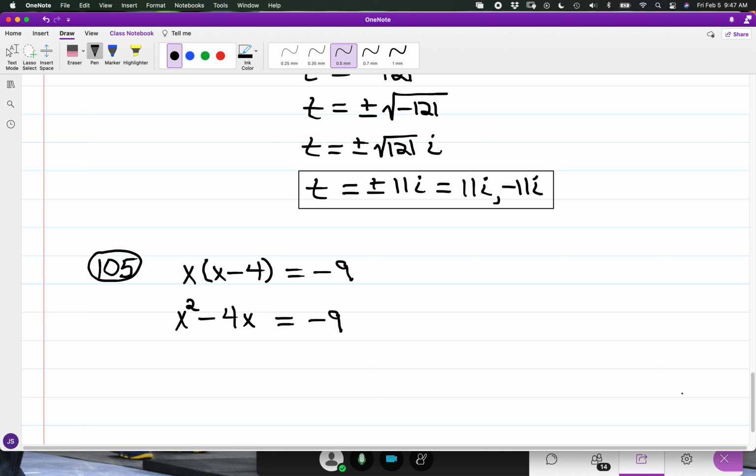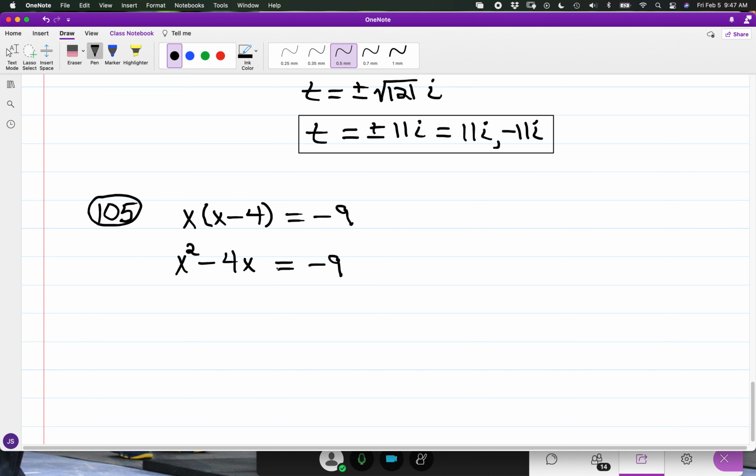So here we have a quadratic equation, and looking at expressing in standard form, I have the x squared term on the left, and that which I have on the right I can just move. Upon adding 9 to both ends, we now have x squared minus 4x plus 9 is equal to 0.